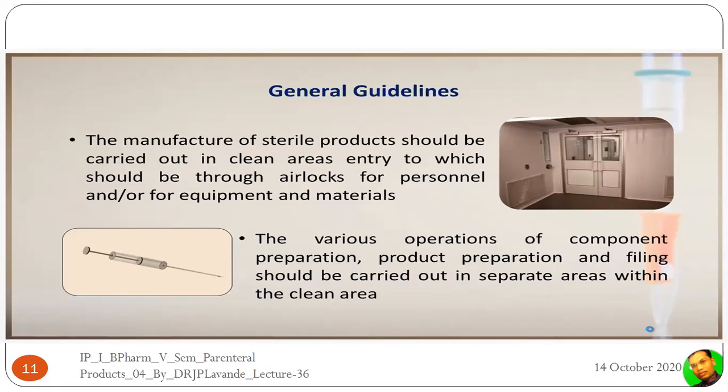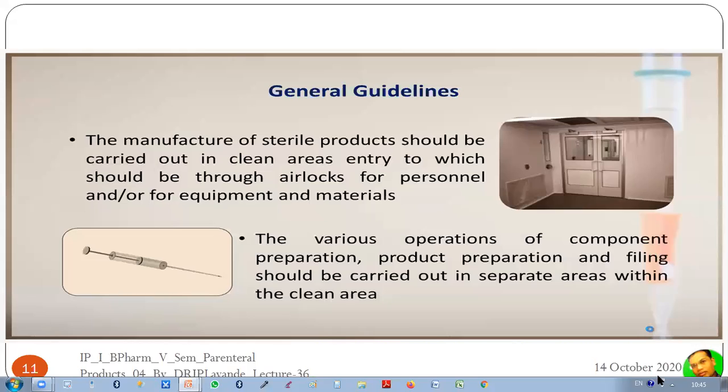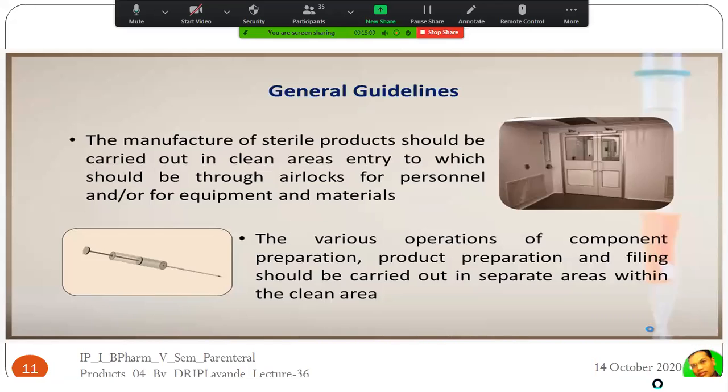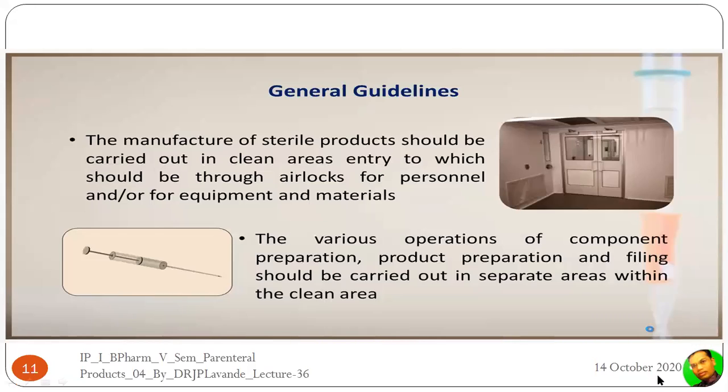The double door lock system consists of two different doors. Through one door we enter into one room. Then in order to get entry into the production area, we have to open the other door. The locking system of these doors should be such that when one door remains open, the other door gets automatically locked.